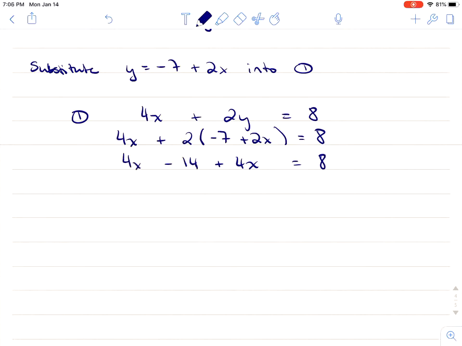You want to be careful with those brackets. Here we've got 4x and then plus 4x, so we can collect like terms to simplify this. So we get 8x minus 14 equals 8. 4x plus 4x is 8x. The negative 14 just stays negative 14.